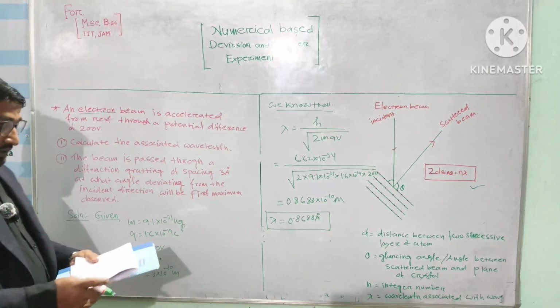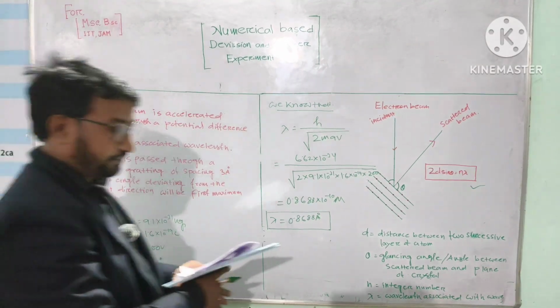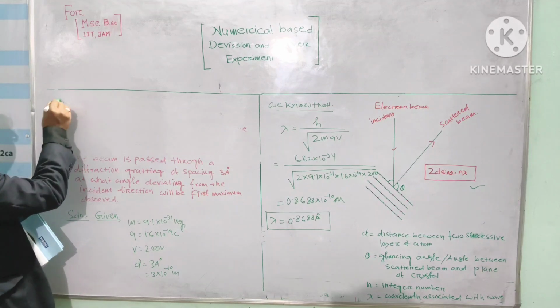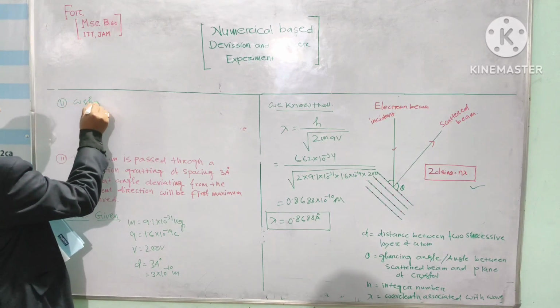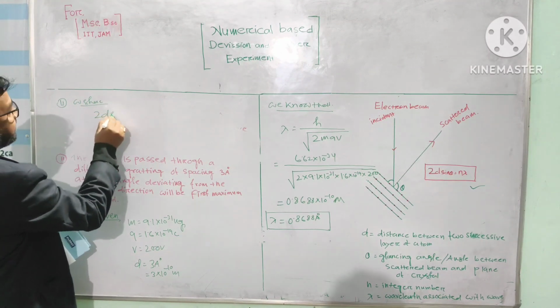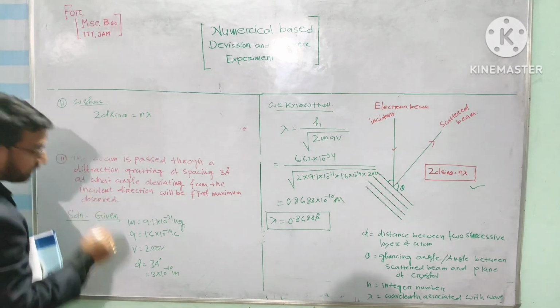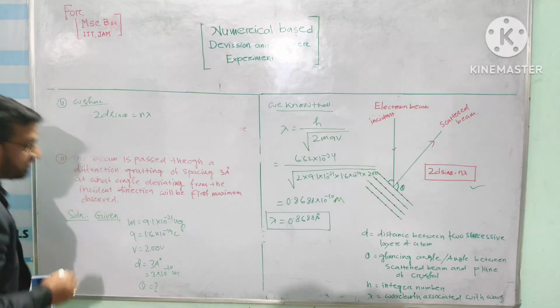Now we are going to solve the second part. We have 2d sin theta equal n lambda, this is called the Bragg equation, where theta is the glancing angle.